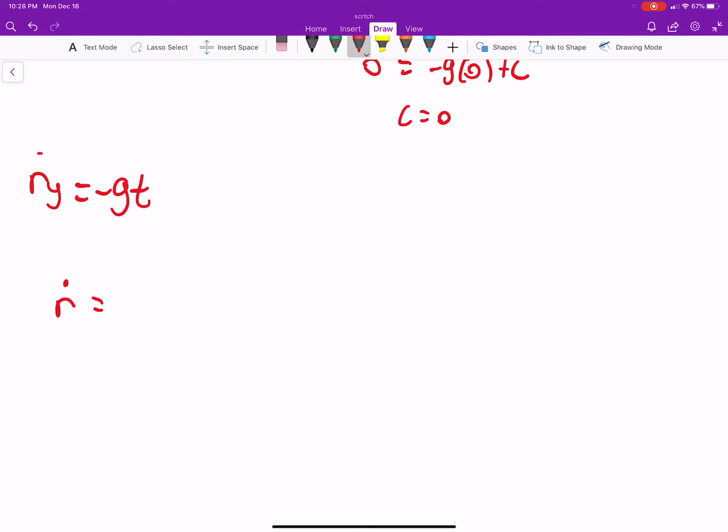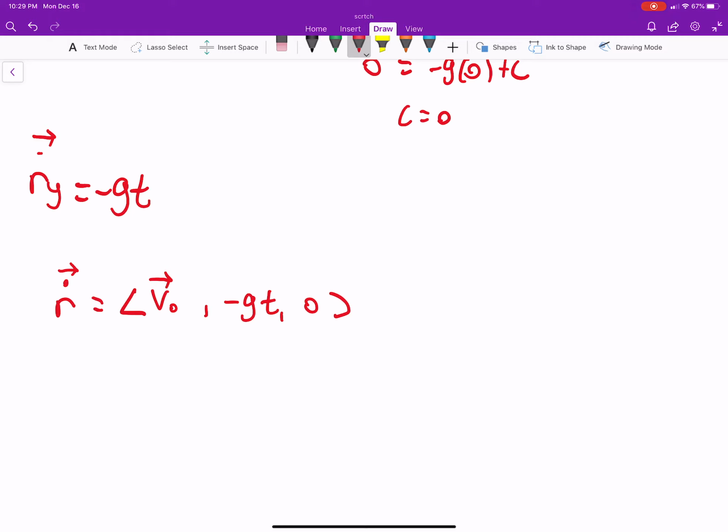So our r dot vector, we can now say, is v naught x, minus gt, 0, which v naught x, that's just v naught, right? Because just as we said before, all the velocity is in the x direction.